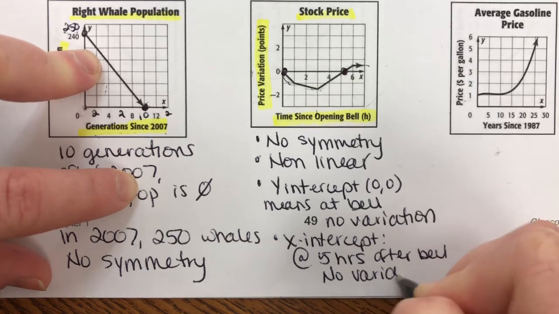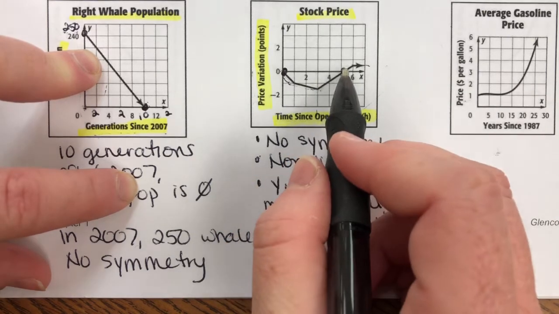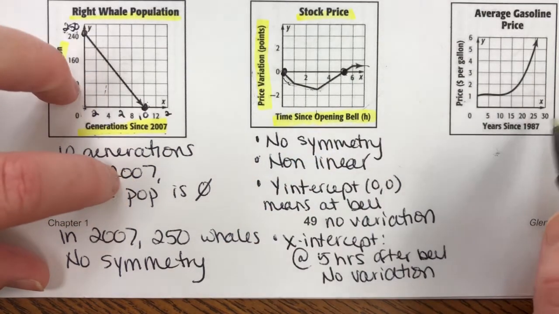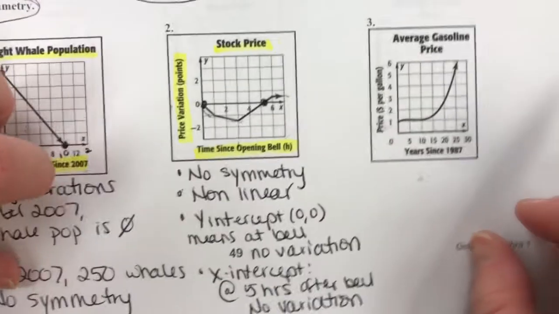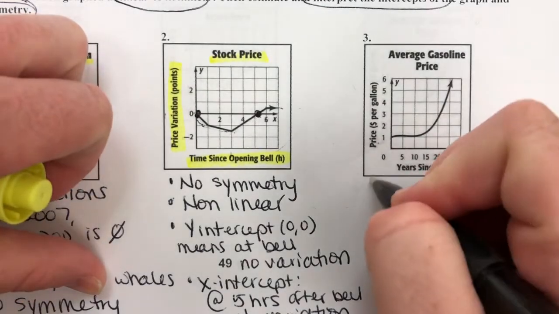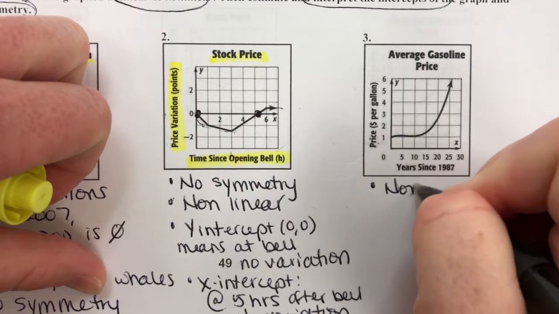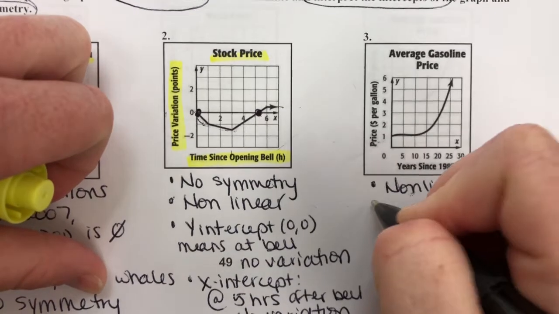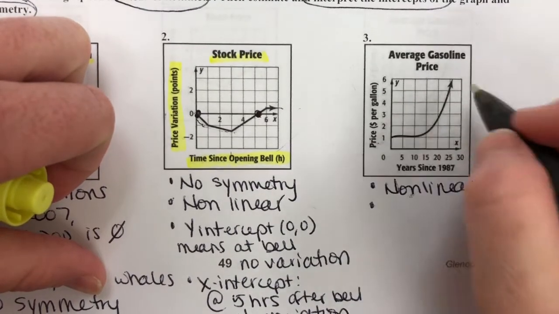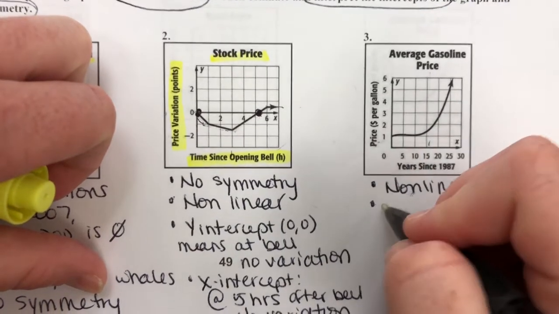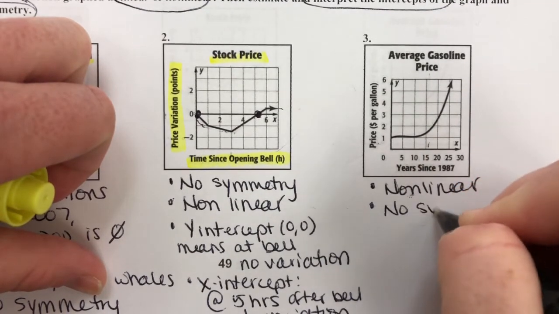Now, the variation's steadily increasing, but at that point there's no variation because we're at 0. And then lastly, this is definitely not linear, it's curvy, nonlinear. Is it symmetrical? Could we fold it in half down a vertical line? Nope. So it's no symmetry.